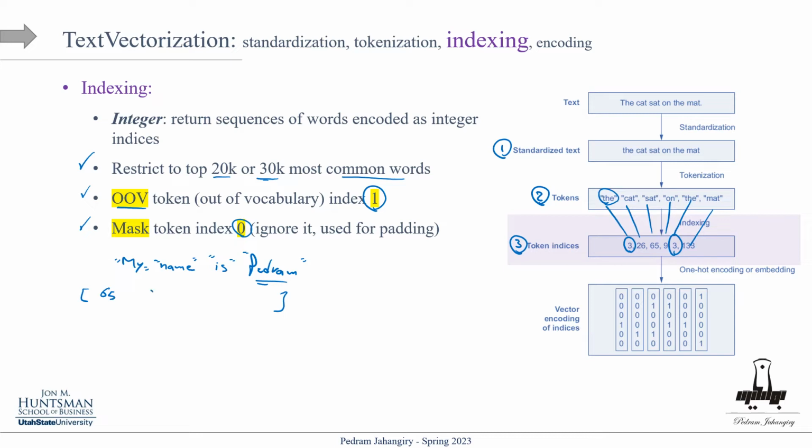Name is 20 something. Is is something. And then for this one, which is not there, it's going to show you something like UNK, which is basically unknown, and the index is going to be 1. So when we convert these integers back to words, this 1 is going to become UNK, unknown.